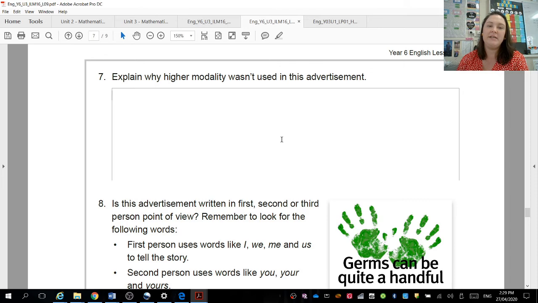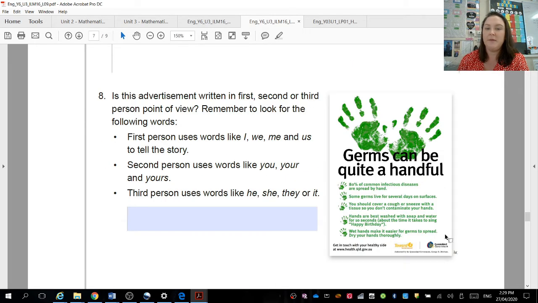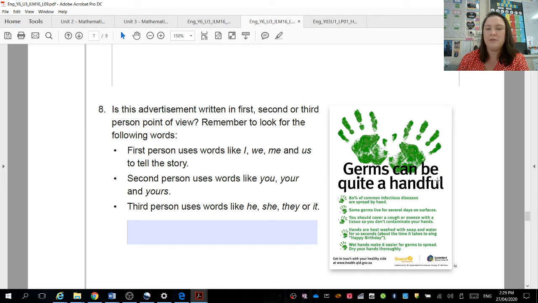Explain why high modality wasn't used in the advertisement. Well, when you think about this advertisement and what it stands for, it's using facts. Generally these are things that we know. Some germs can live for several days on surfaces, but if you change that to all germs, that can lead for that statement to be incorrect.